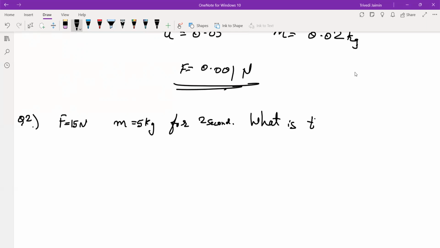What is the change in velocity of the body? Your time starts now. Come on, same 30 seconds. I don't think it requires even 30 seconds.